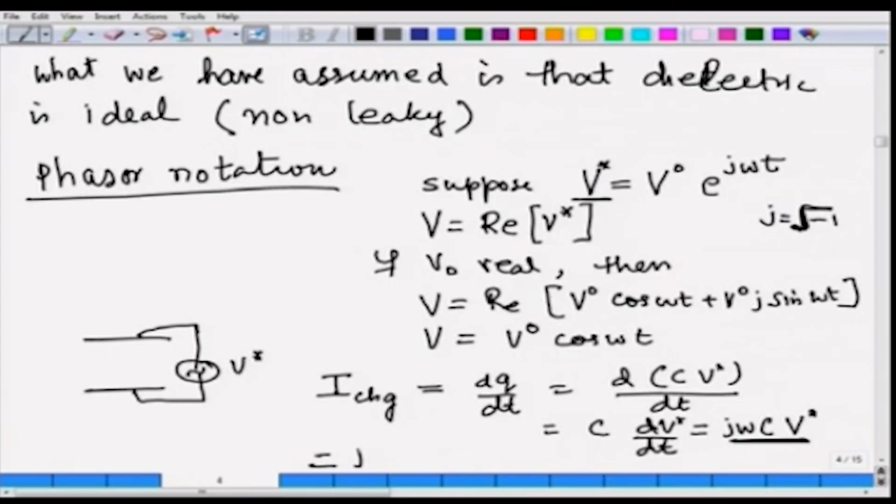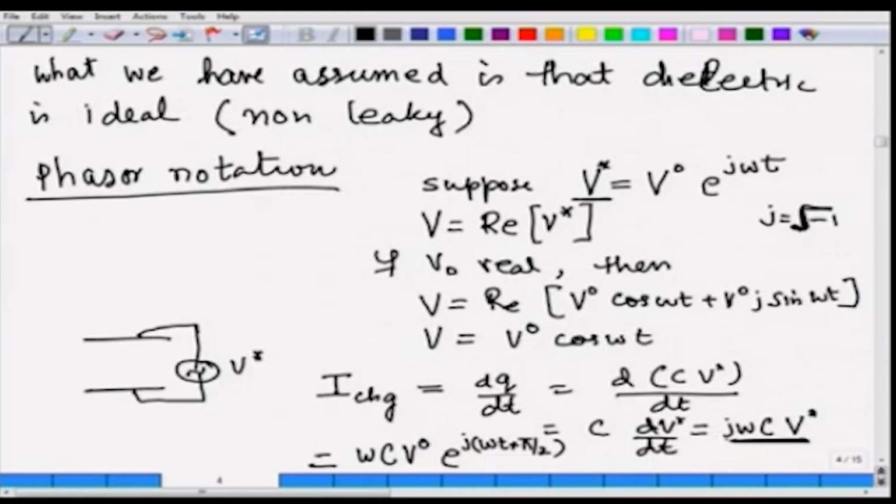I am going to take this j inside and write this as omega C V naught e to power j (omega t plus pi by 2). This pi by 2 appears because I have written this as an exponential now.